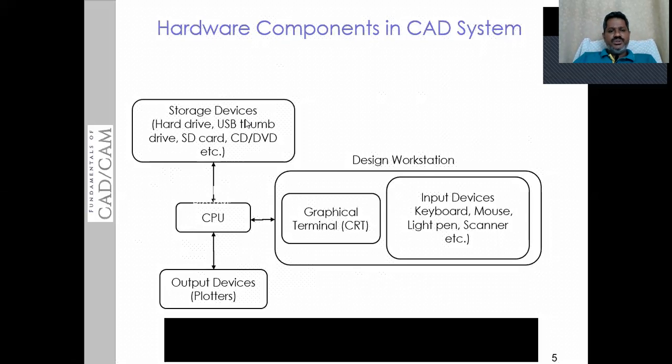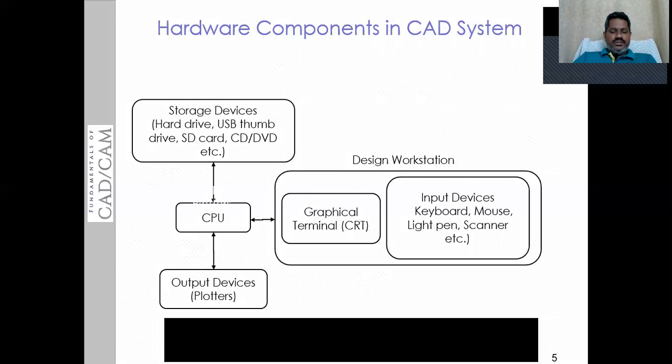Suppose you want to use a USB flash drive, it must have a USB port. So we insert the USB into the port, where you have a slot. If you insert the USB in the USB port, you have a provision to access the data stored in the USB drive.